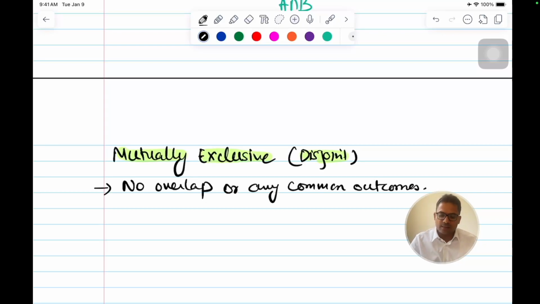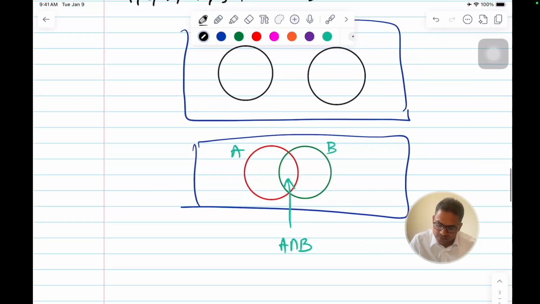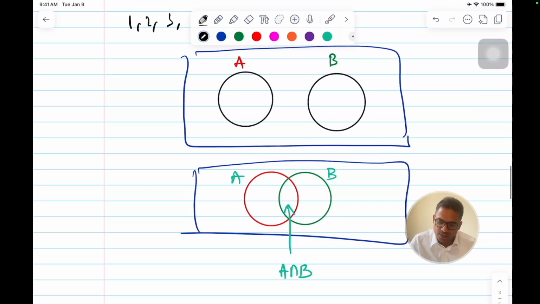And there's one more thing that we can say for sure: if we are choosing anything from A, then we are not choosing anything from B. In simple terms, if A happens, then B will not happen. That we can say for sure.